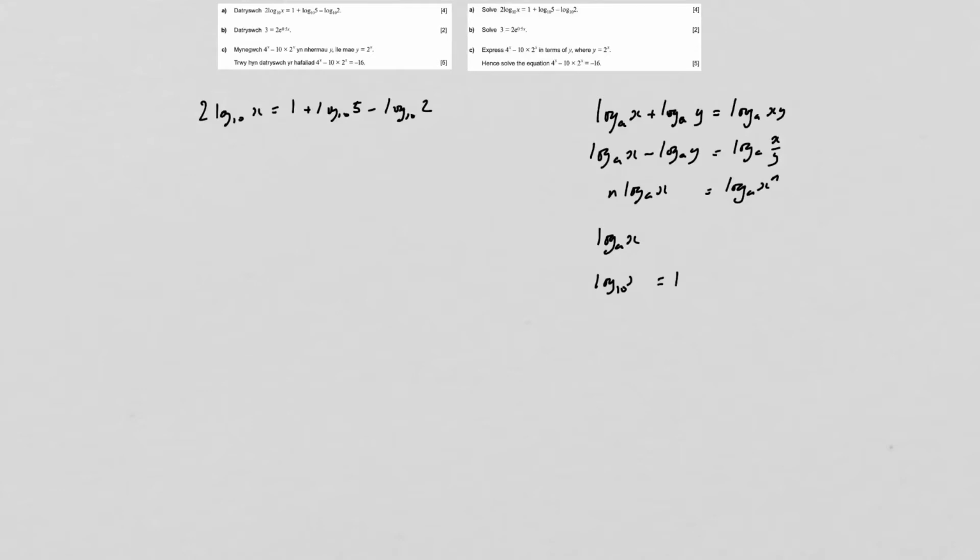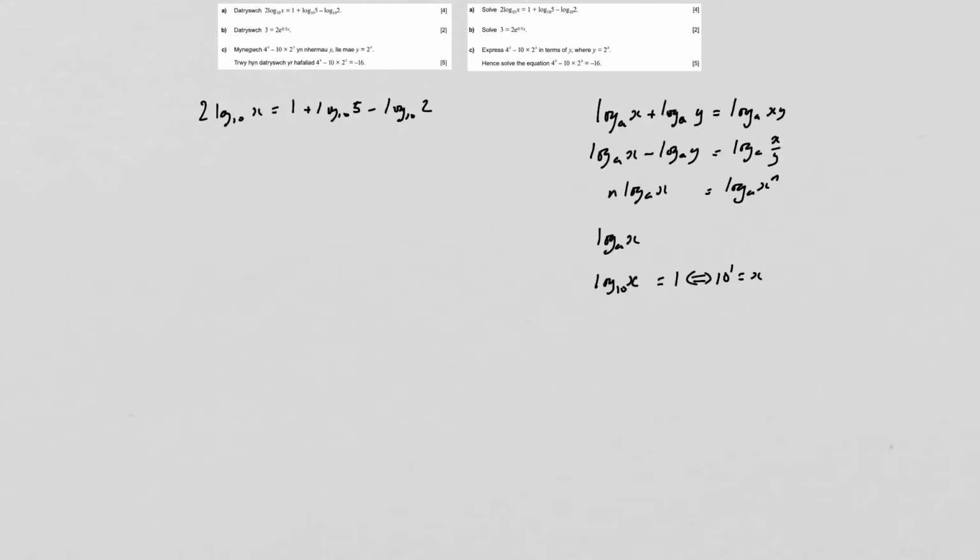If we put x in there, we're going to work out what x must be. Log base 10 of x means what power of 10 will give us x, and the power of 10 that will give us x in this case is 1. So what this means is 10 to the power of 1 must be x, and that means that x is 10.